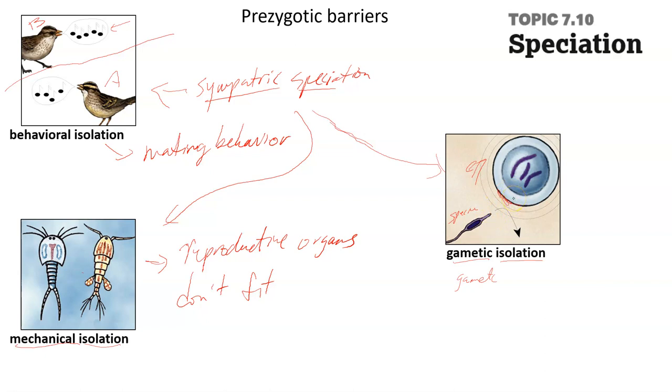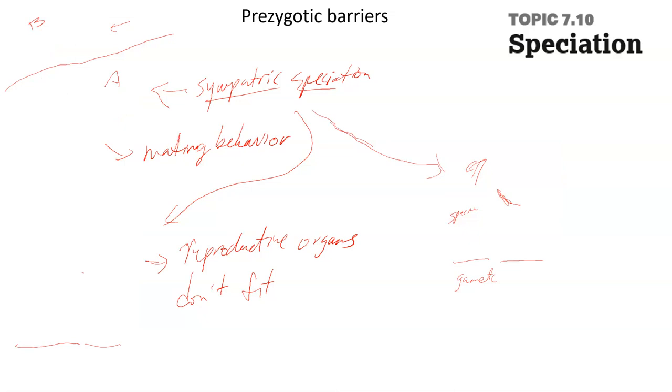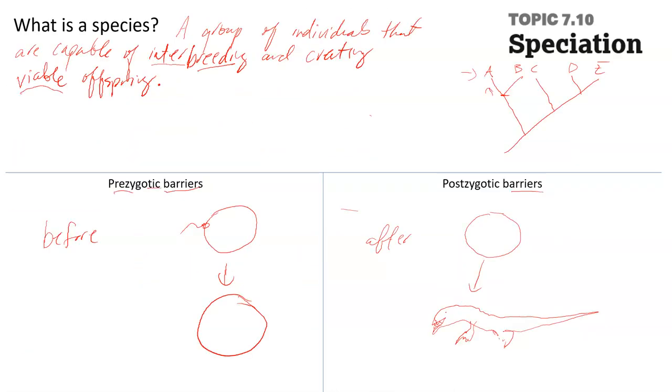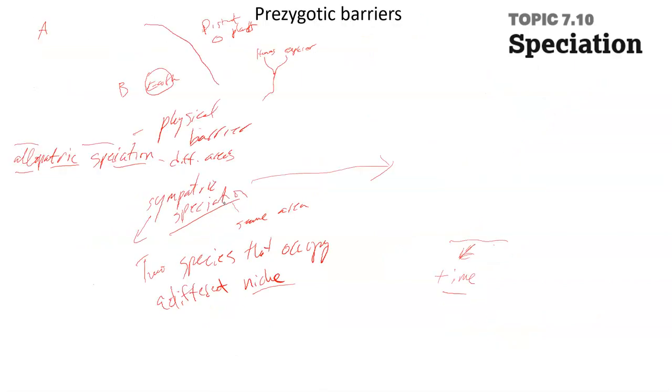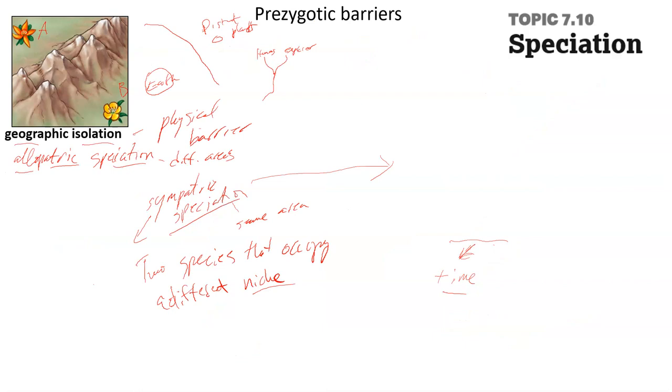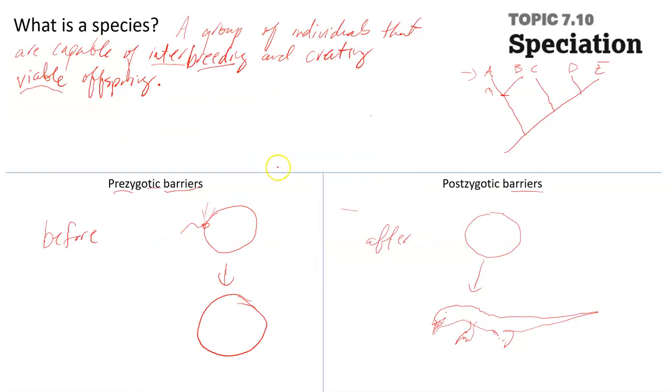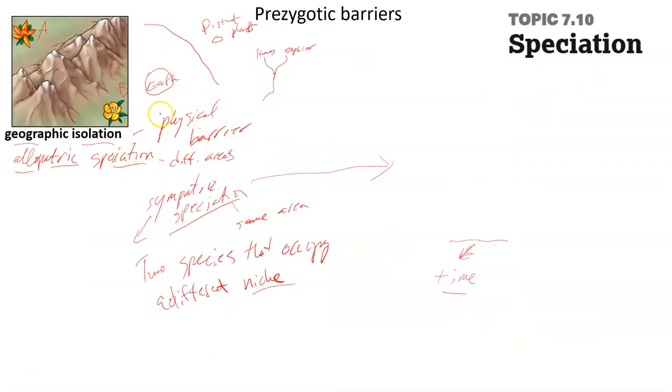Okay, so just to review here, I'm going to go back. We are talking about speciation. They are prezygotic barriers which occur before sperm and egg union, which enable species to diverge and become two different species. The first of those, geographic isolation.